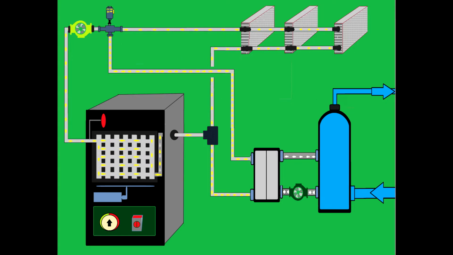At this point you will see the water circulates only through those 3 heat exchangers, because we have a three-way valve, on the left hand side on the top, which diverts the water only towards these 3 heat exchangers.